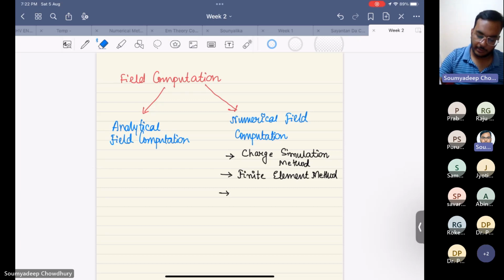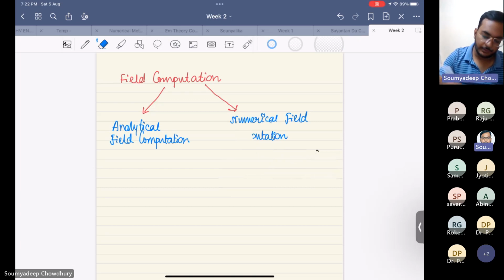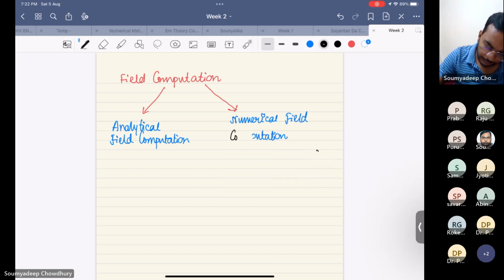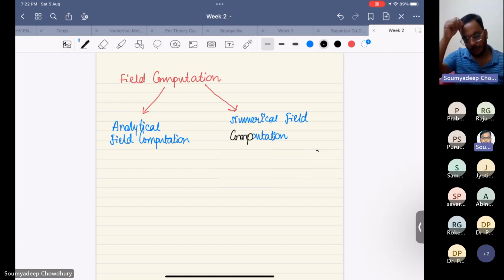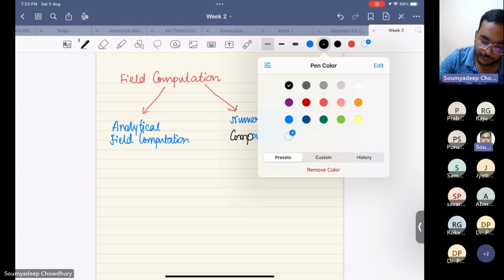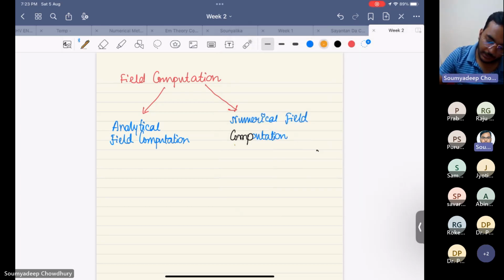Okay, fine. I'll write it like this. So numerical field computation, we can subdivide it into two parts. The first is called boundary based methods.